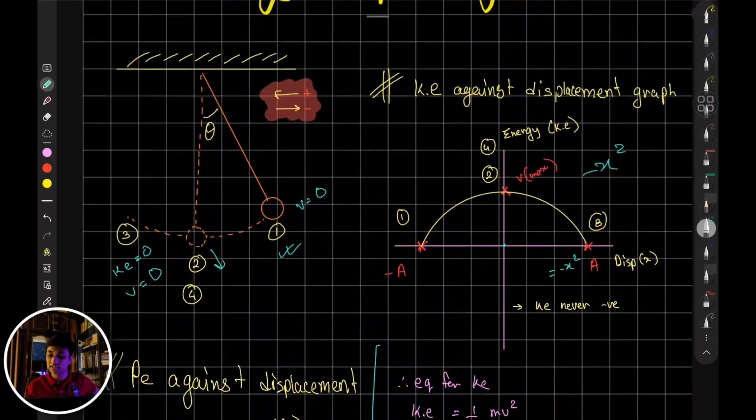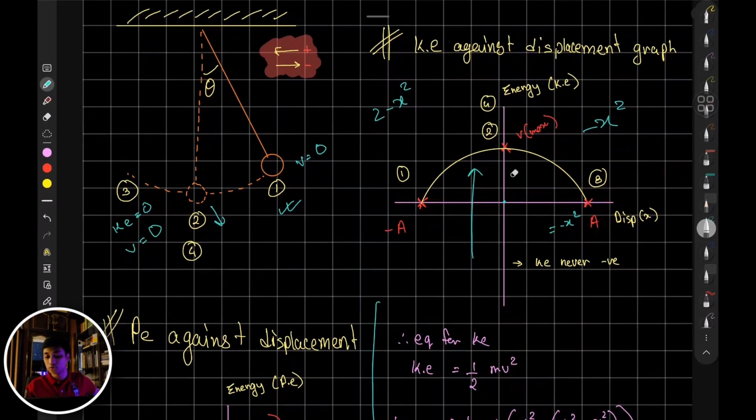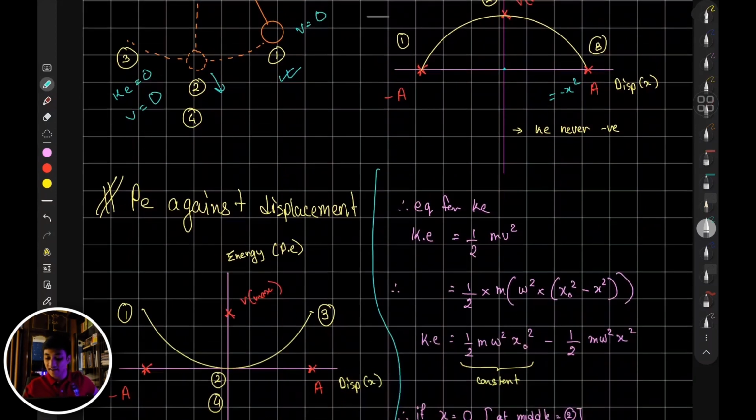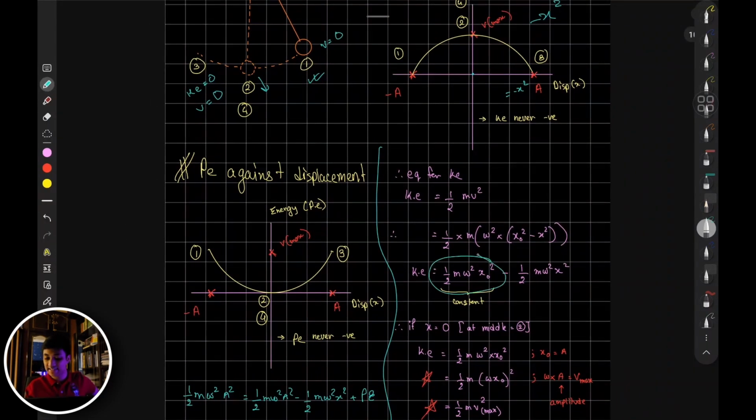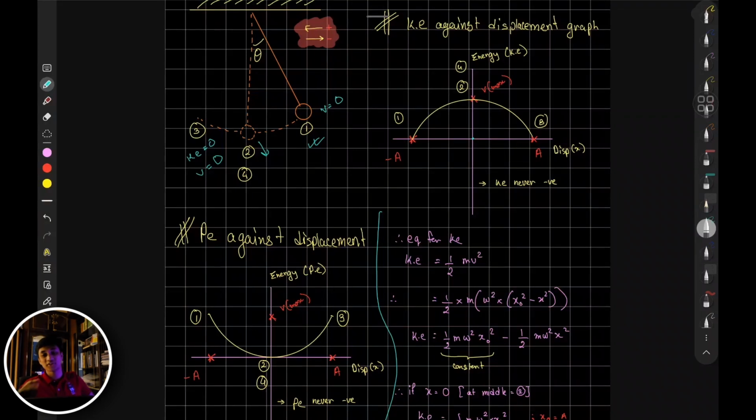So in your graphing calculator, plug in, let's say, a random value of 2 minus x squared. You're going to see that the curve lifts up by 2 units. So this is why, since we have a constant in front of minus x squared, our graph looks like this. If you're confused about this, you don't need to understand it.